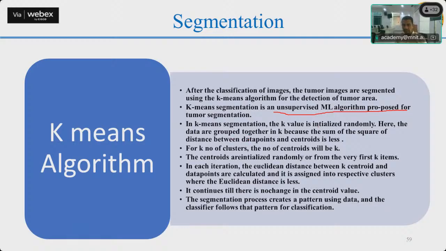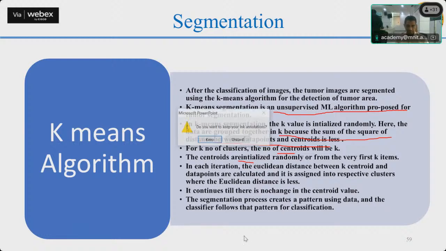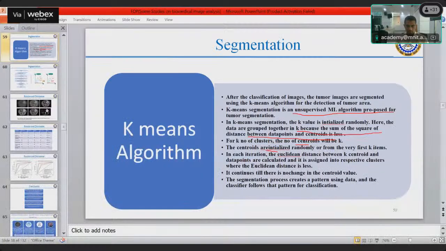K centroids are initialized randomly, minimizing the sum of squared distance between data points and centroid. In each iteration Euclidean distance is calculated, and each point is assigned to the cluster where the Euclidean distance is less. It continues until there is no change. Are you able to recall? We have done the k-means algorithm. I hope we have just done it. You may be finding difficulty.